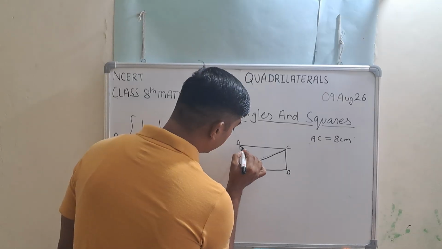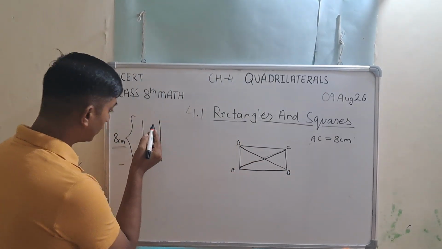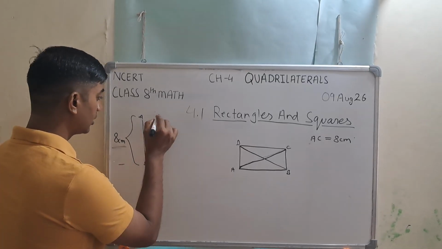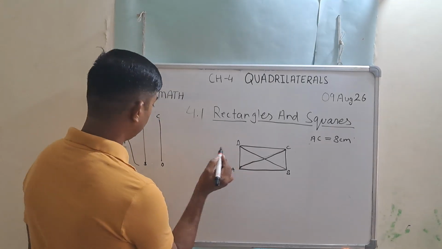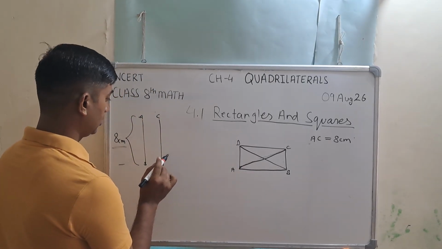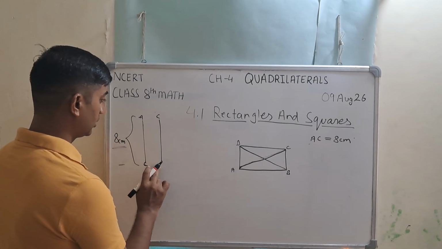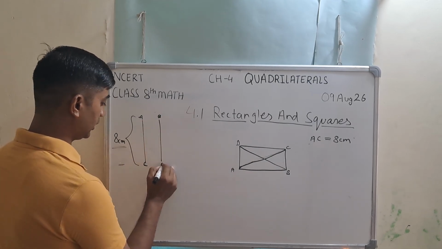We have to see when we draw another stick. When we draw another stick, see, this is A, this is B, this is C, this is D, and we draw this BD.